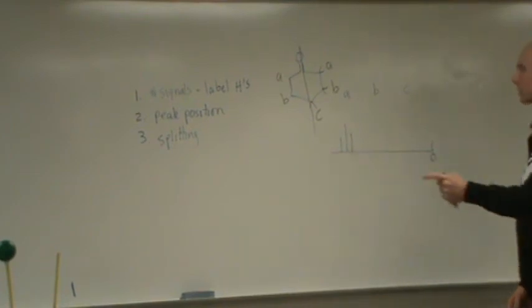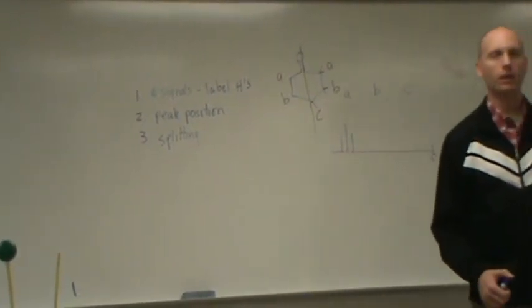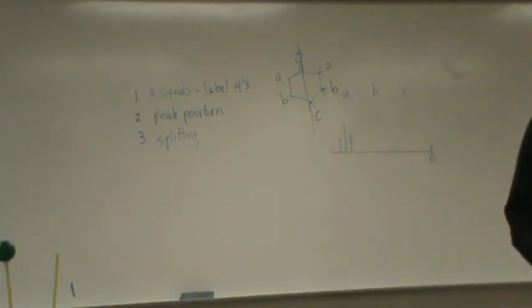Let's come down to C. A little harder one, but I think you can handle it. What is C going to look like? Singlet, doublet, triplet, or quartet? A triplet.